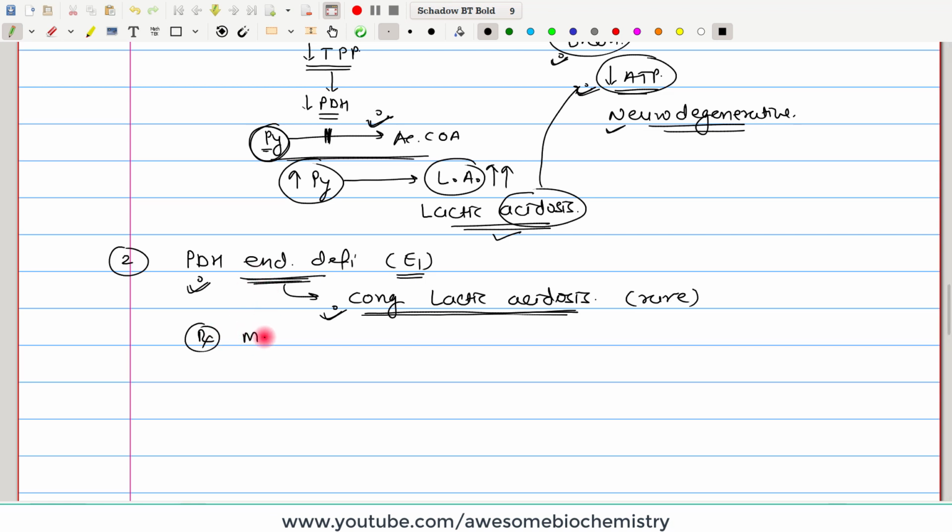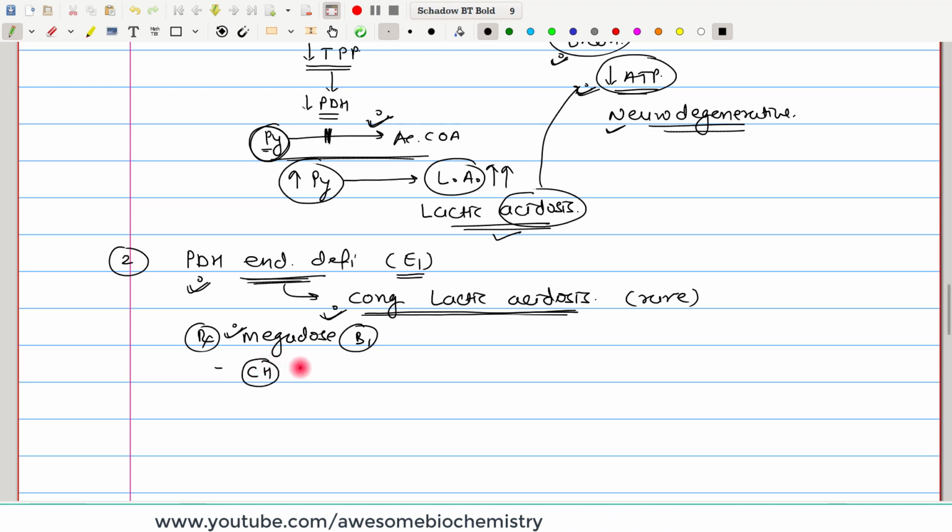In such a patient, if we give a mega dose of thiamine or vitamin B1, some improvement is seen in such a child. And the second thing we need to do is dietary restriction of carbohydrate. Carbohydrate should not be given in the diet. If we don't give carbohydrate, then less action will be required from this pyruvate dehydrogenase enzyme.